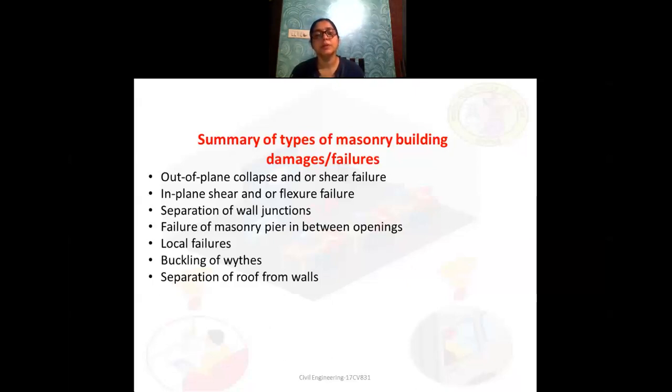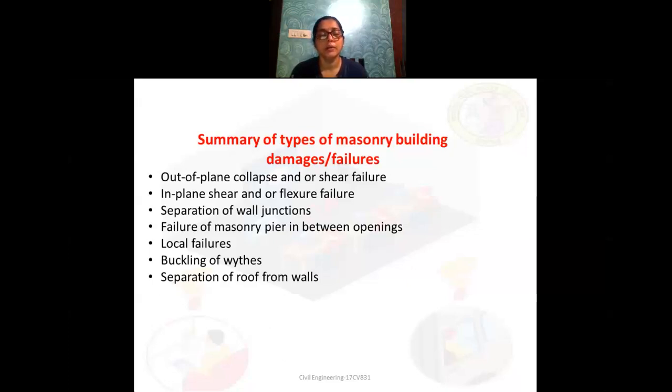The masonry piers or the columns fail due to these openings, and we also noticed local failures like lintel band failure, cracks on the surface of the walls, buckling of the columns, and separation of the roof from the wall. If the roof is very heavy, it gets separated from the walls.